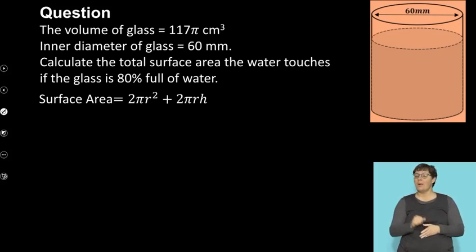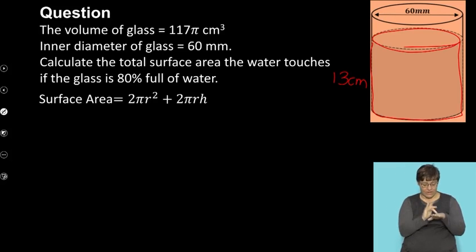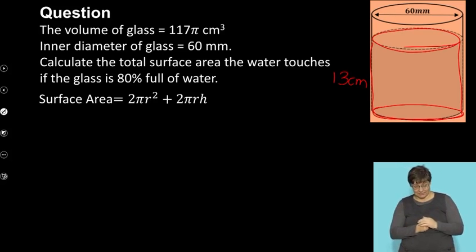Great, so B is asking me to calculate the total surface area of the water that touches the glass if it is 80% full of water. So I want to know what surface area of the water is actually touching the glass if 80% of the glass is full. So in the previous slide, we worked out that the height is 13 centimeters. So if I'm considering the water that's actually touching the glass, we can see it's the water that's touching the outer edges of the glass, and it's water that's touching at the bottom as well as the surrounding sides.